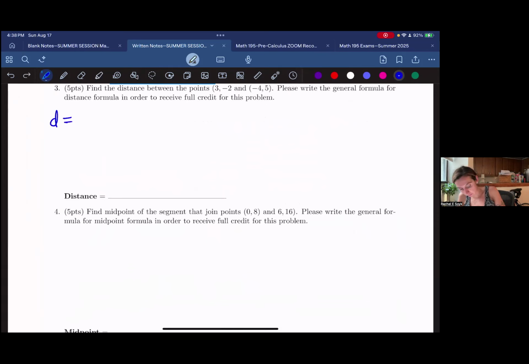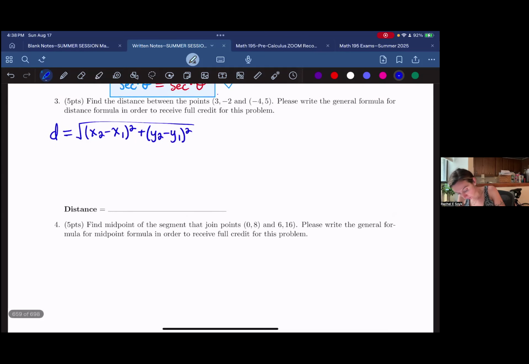So in order to get full credit for this problem, you need to write the general formula for distance, which is the square root of, in parentheses, x2 minus x1 squared plus parentheses y2 minus y1 squared. And then based off of the 2 points that they give us, I'll label these for you. This is our first x coordinate point, our first y, our second x, our second y.